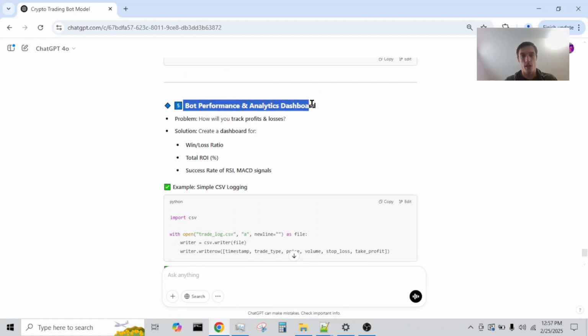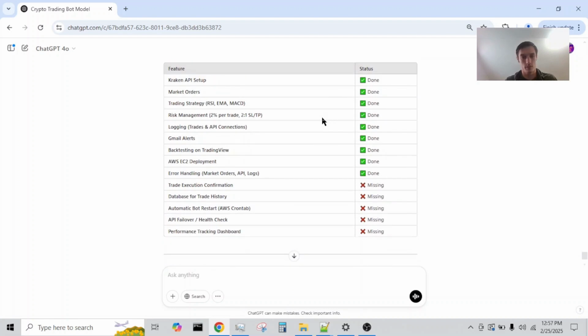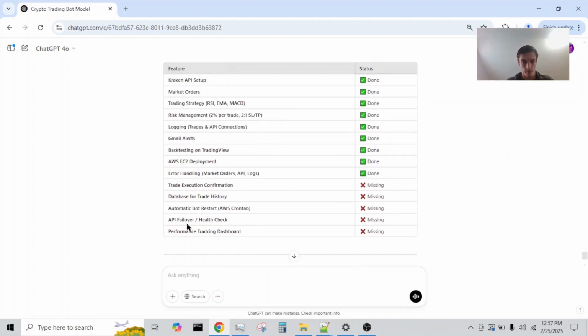Okay, so an analytics dashboard, that would be fun. See how we're doing. I like that. Okay, so let's see. We will want to add an automatic restart if the bot disconnects.